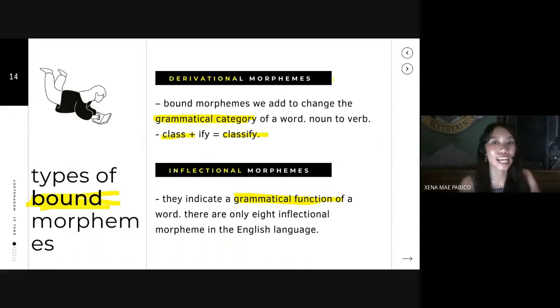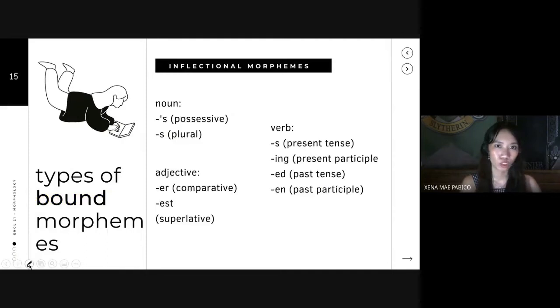Again, with derivational, the bound morpheme changes the word to another category, while inflectional just indicates a grammatical function. In the English language, there are exactly 8 inflectional morphemes, and these are those.